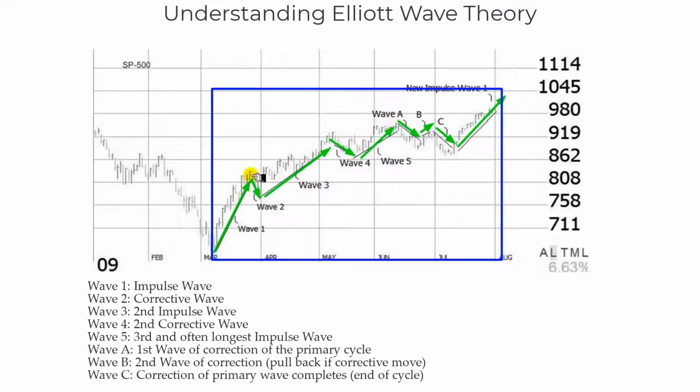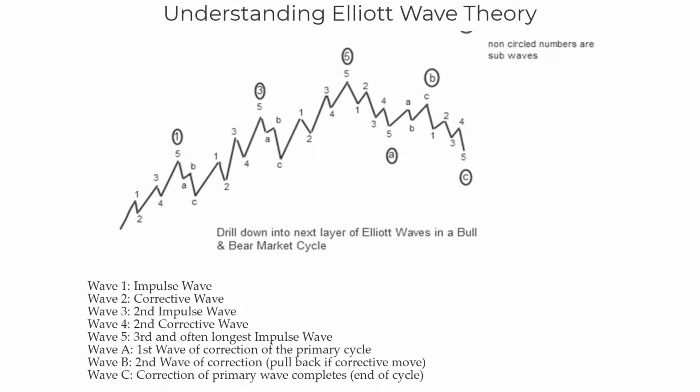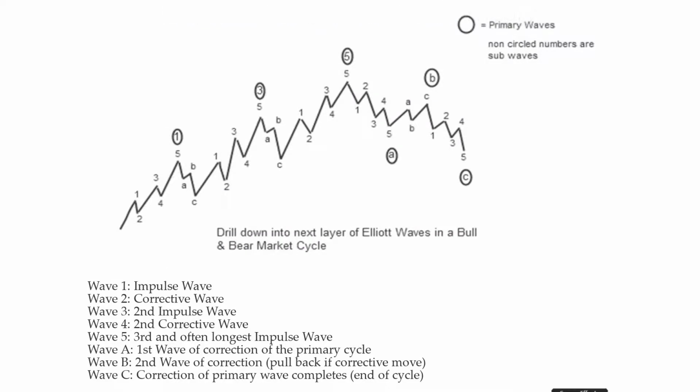And as you drill down, you see this pattern repeated again and again and again. So to recap, the more you drill down into a time frame, let's say you look at the Elliott wave over a 10-year period, you would probably see this pattern. And as you drill down, you would see this pattern repeat itself more and more over and over again. So here in this chart, we can clearly see that the pattern does repeat itself.